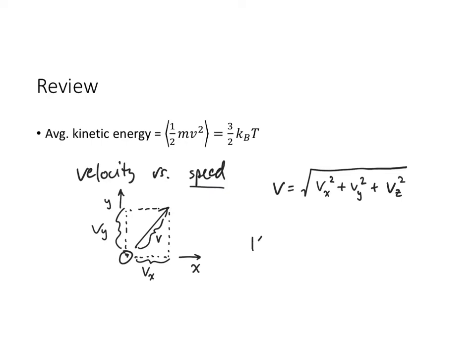And of course, the kinetic energy, hopefully you remember from physics, the kinetic energy of a particle is 1/2 mv squared, where v is the speed. And if we want to include all the velocities in there, then that's just vx squared plus vy squared plus vz squared.